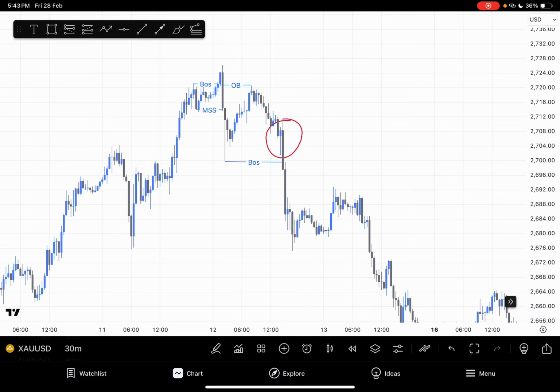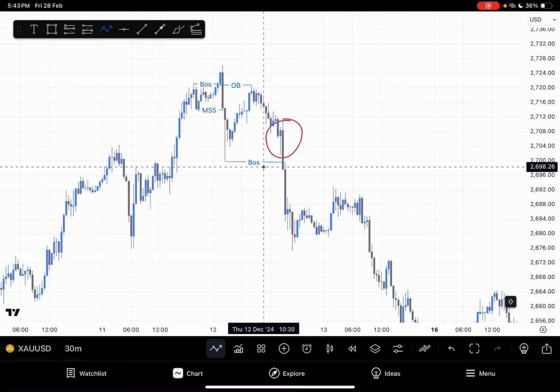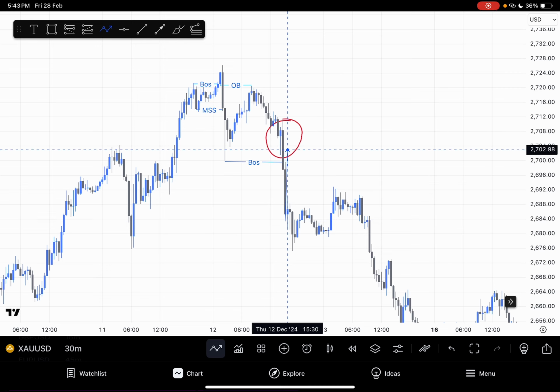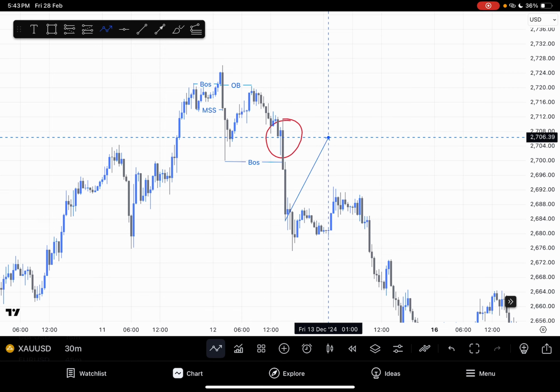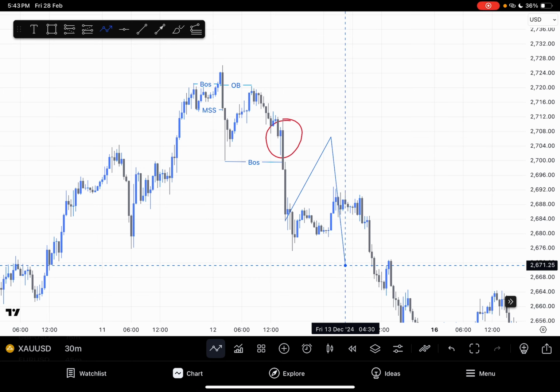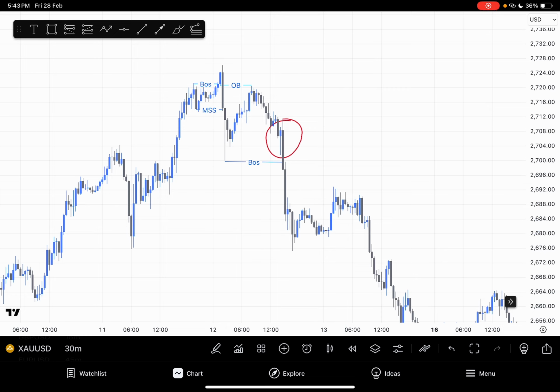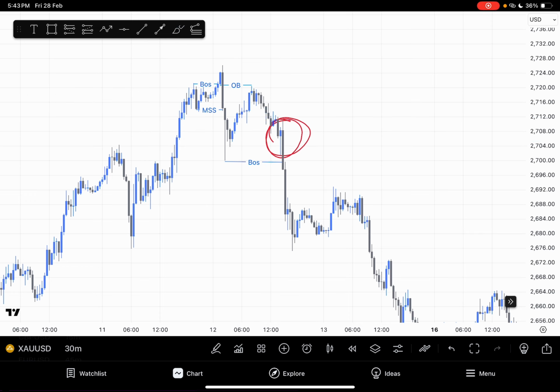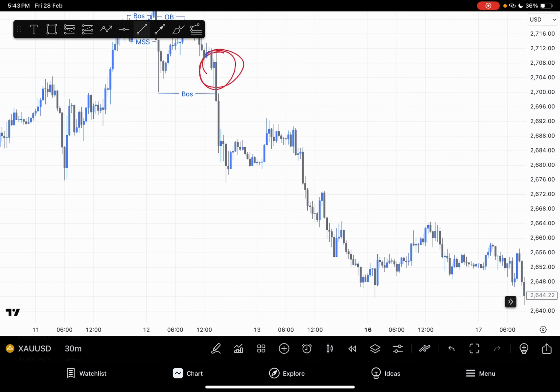If it was EUR/USD or GBP/USD or BTC/USD and some other pairs, you would see price come back again for this order block after the break of structure, before distributing to the downside. But since gold doesn't use order blocks, you see price didn't go for this order block. Instead, price just continued the downtrend, creating multiple breaks of structure.